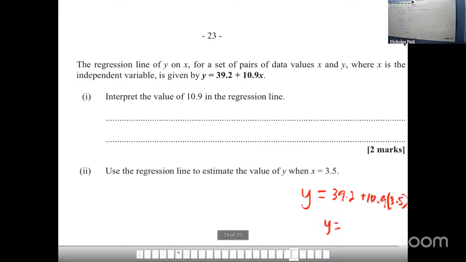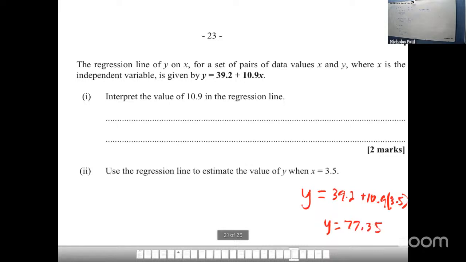What is that? 39.2 plus 10.9 by 3.5. 77.35.